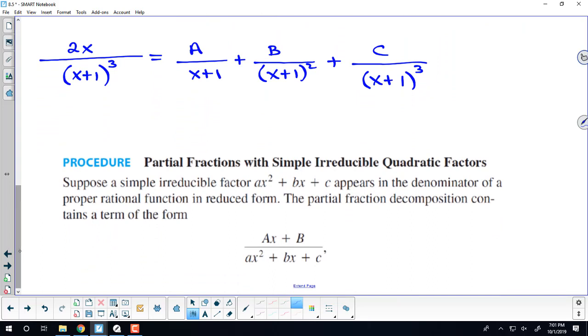So that's repeated linear factors. Next, simple irreducible quadratic factors. I think that's pretty straightforward. This is our irreducible quadratic here. We have to put it over a linear function, Ax plus B, and solve for A and B. That's type 3.